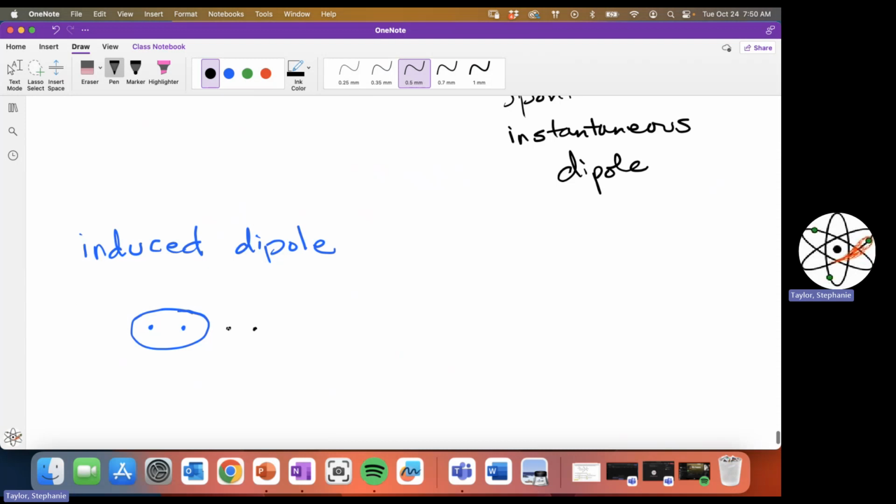Because it gets close to this other thing that has a dipole, this is the one we're observing, but because it gets close to this other one that already has a partial negative and a partial positive, what was just a nonpolar molecule just hanging out is now going to have its electron cloud attracted to this positive end.